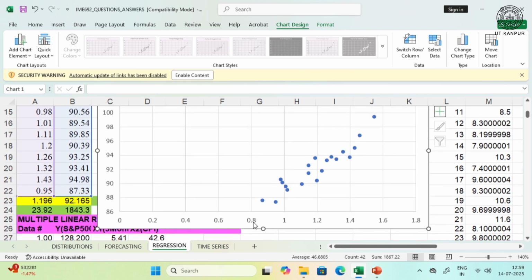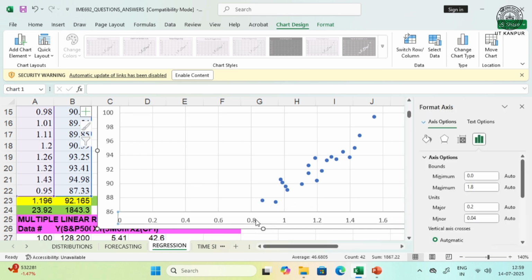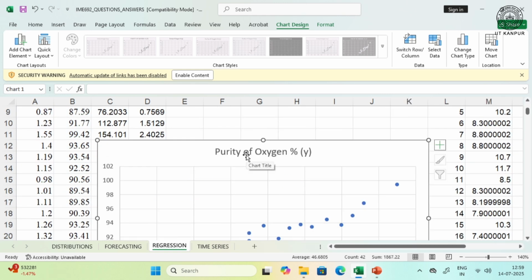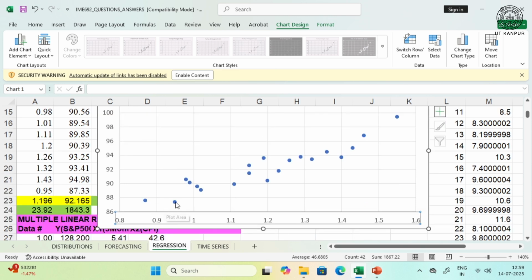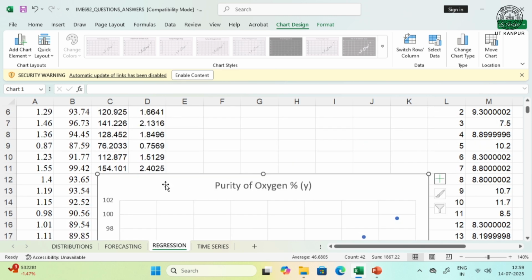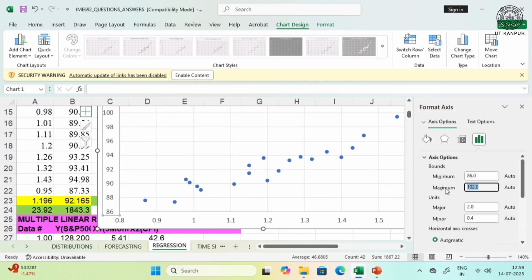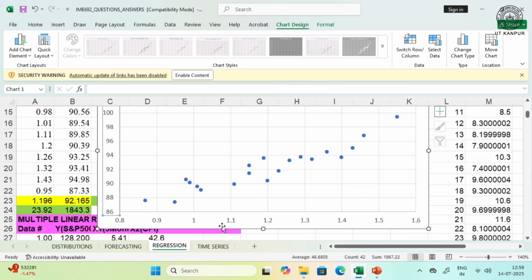The values range from 0.8 to about 1.6, so let me make this x axis smaller, from 0.8 to 1.6 for better visibility. The y axis is between 86 and 100 maximum, so I can decrease it to 100. So, this is the plot.